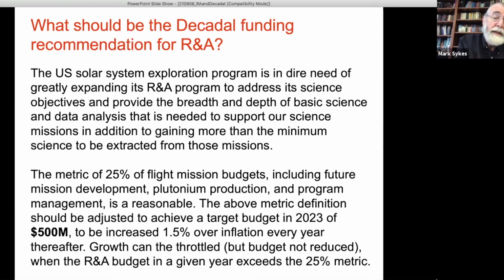And if it continues to grow, say 1.5 over inflation every year, but let's say flight missions go down one year in between flagships or something like that, you don't cut the RNA programs. You may not increase the budget for that next year or two or three, but you keep it static. It's predictable, so you can throttle the growth.